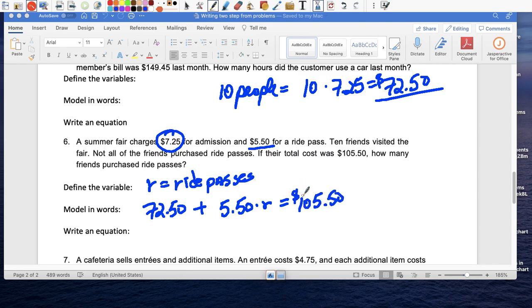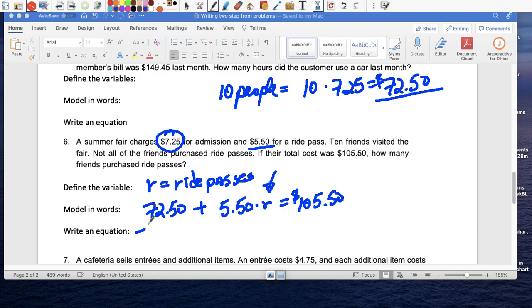Each pass was $5.50, and that all equaled 105.50.